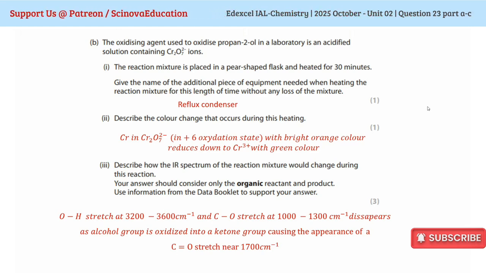And in the propanone IR spectrum, you can see an additional C double bond O stretch which lies near 1700. Carbon-hydrogen stretches almost do not change.